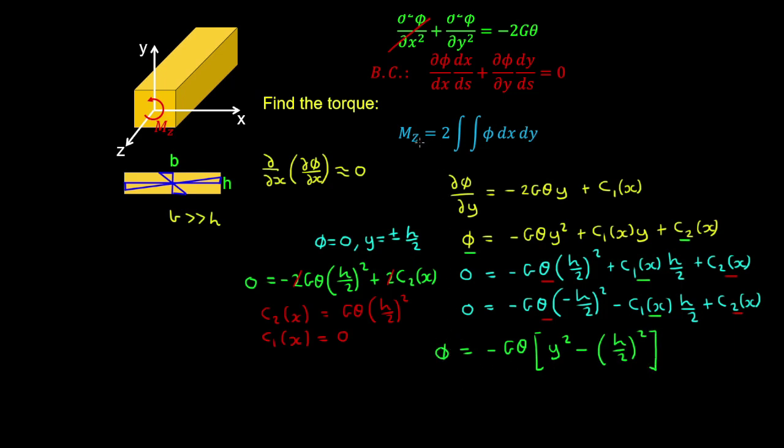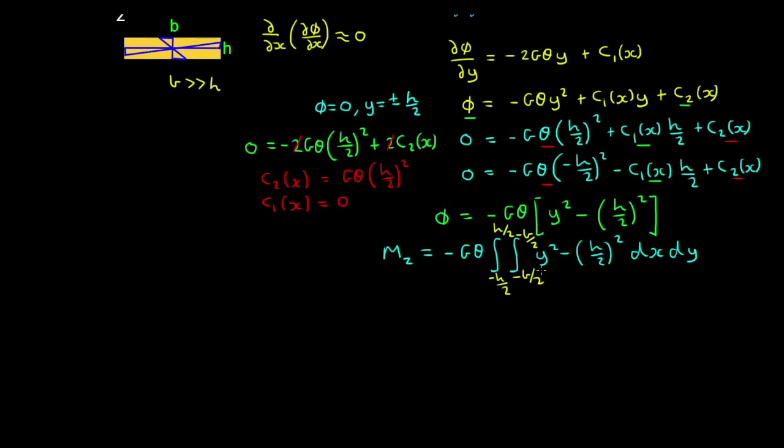And now if we substitute our stress function in our torque integral, while taking the shear modulus and the rate of twist outside the integral, because they're constant, then we get the following expression. And here, we're integrating over the width and the height of the section. So you'll recognize the integral of y squared over the area of the section is the moment of inertia about the horizontal axis.